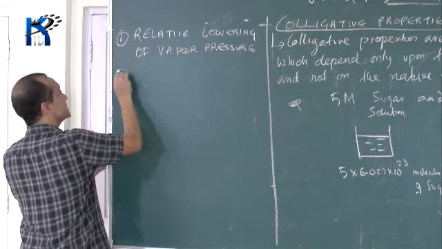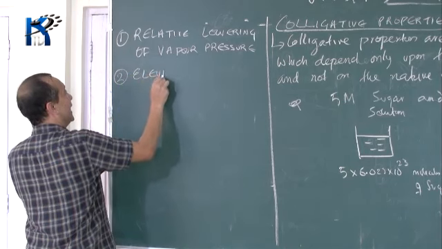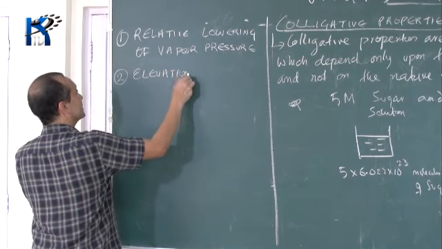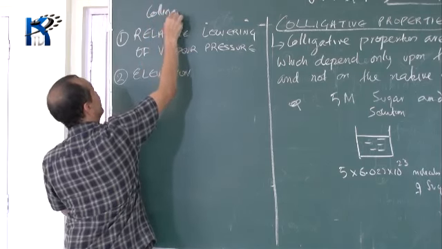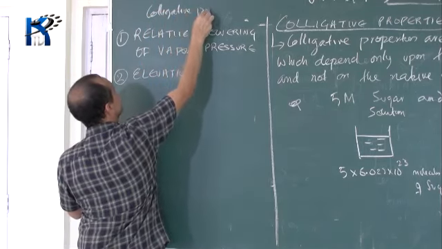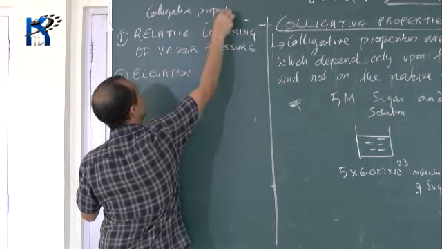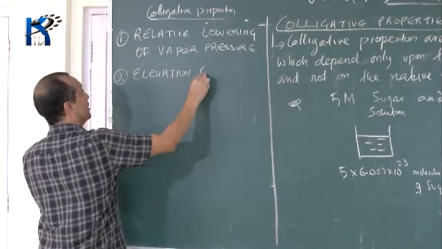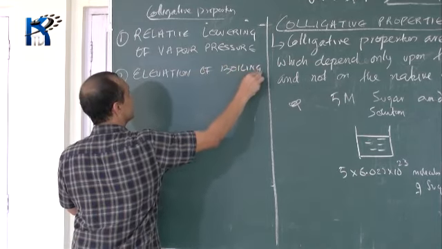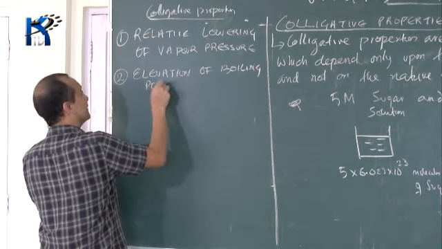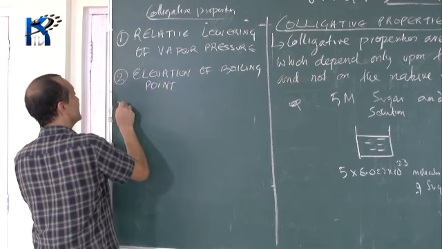Number 2 is elevation. Okay, so write down these are the colligative properties. Elevation of boiling point. 3.